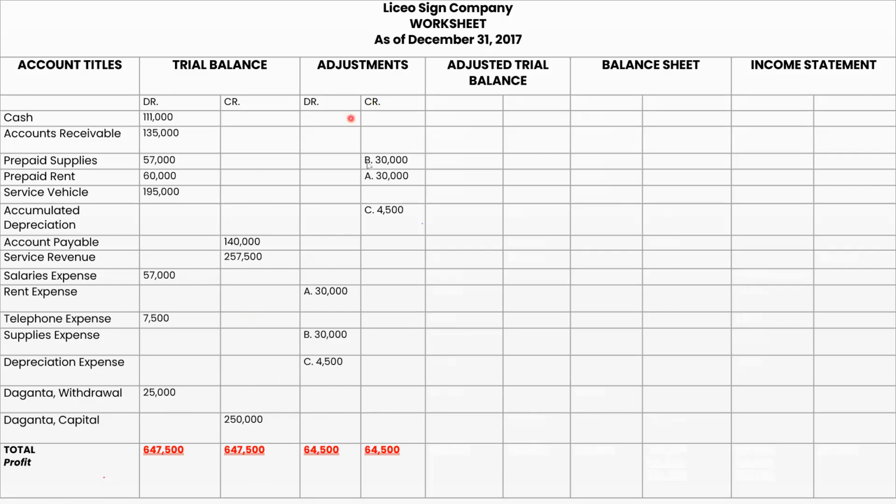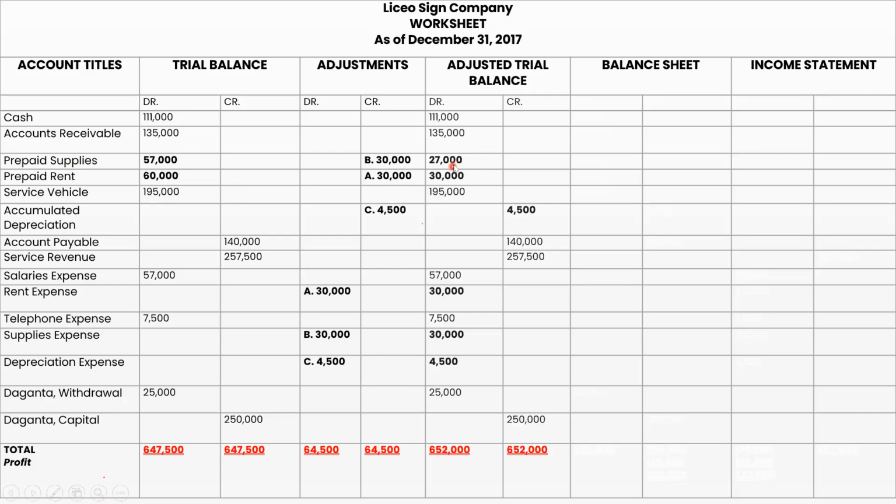Now, adjustment. We have adjustments on prepaid supplies and the others. We only have three adjustments. Follow me. Prepaid supplies, 57,000 debit, has a credit adjustment of 30. So 57 minus the credit of 30, how much is our adjusted trial balance? We have 27,000.